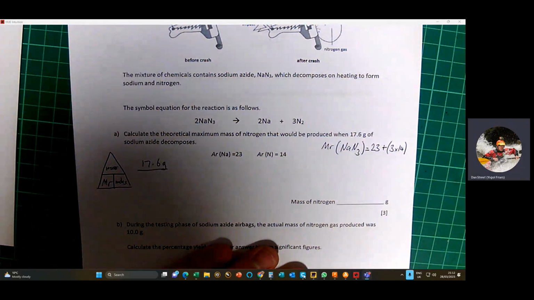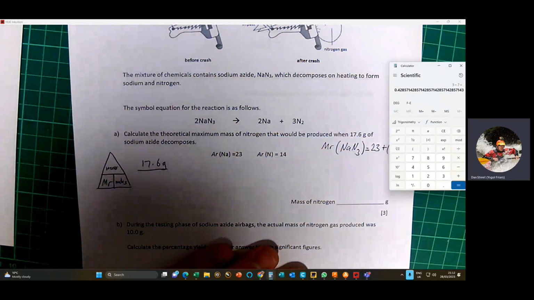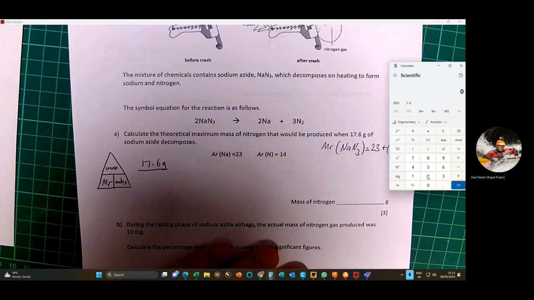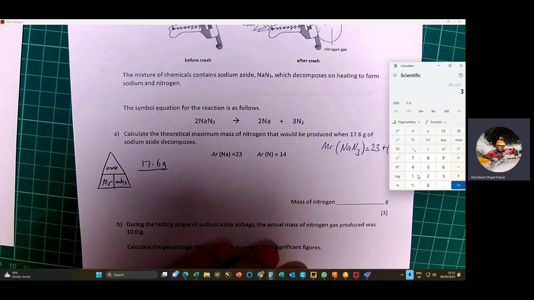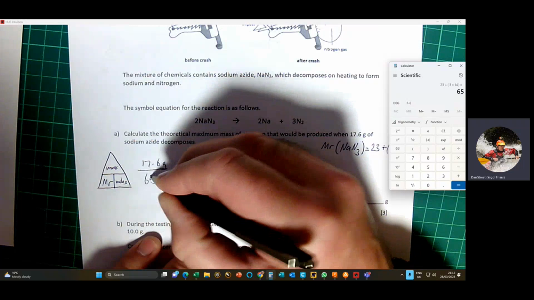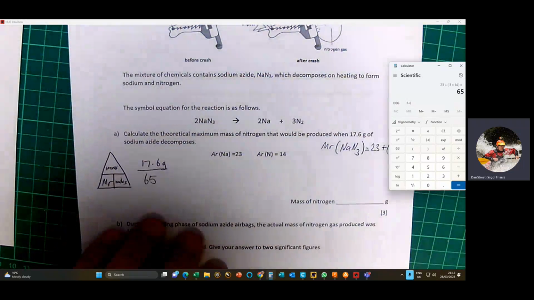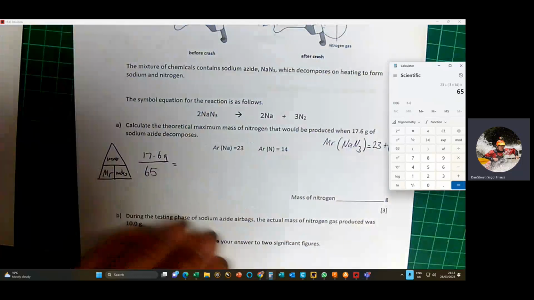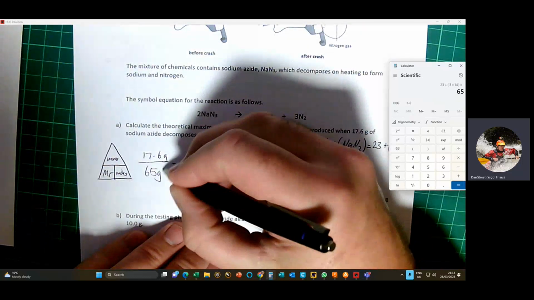So to ensure we get this spot on, we shall use the calculator. So 23 plus 3 times 14, 65. Okay, so 17.6 divided by 65 will give us the number of moles. Okay, that's 65 grams per mole.